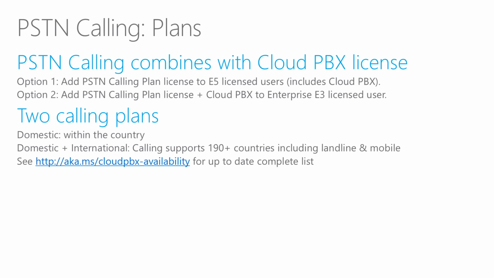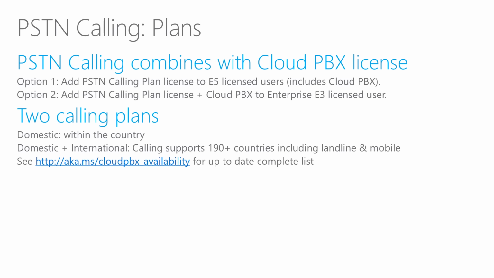Calling plans. So your users will need PSTN calling plans that determine how many minutes they can dial, either domestically or international. There are two options how you can assign PSTN calling plans to users.